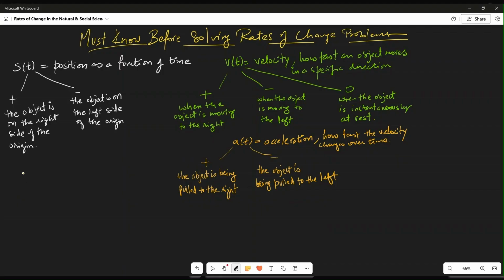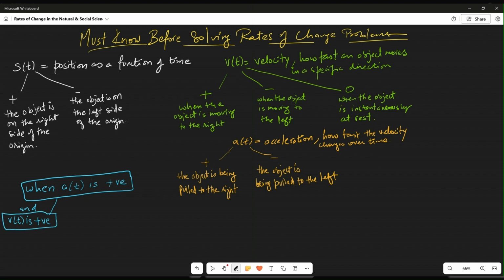So let's look at when acceleration is positive and velocity is also positive, and then acceleration is positive but velocity is negative. So what does it tell us?